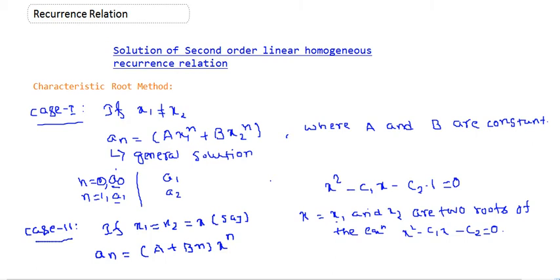So the general solution will be an equals (A plus Bn) times x to the power n, where the capital A and capital B are constants that we can find out from our initial conditions.